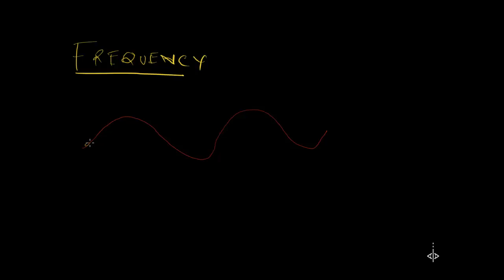Say this is one particle, then we will have other particles as well. Say this one. So the wave can have an infinite number of particles that are oscillating.